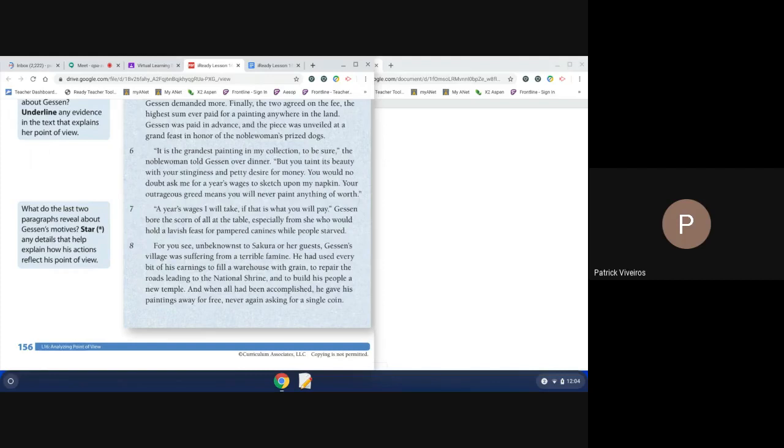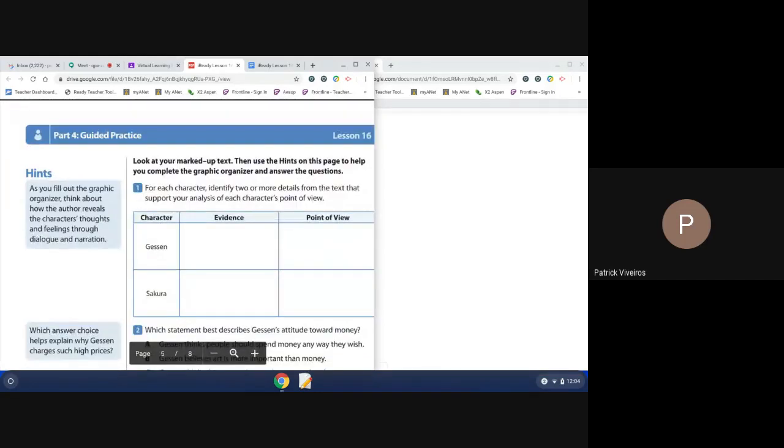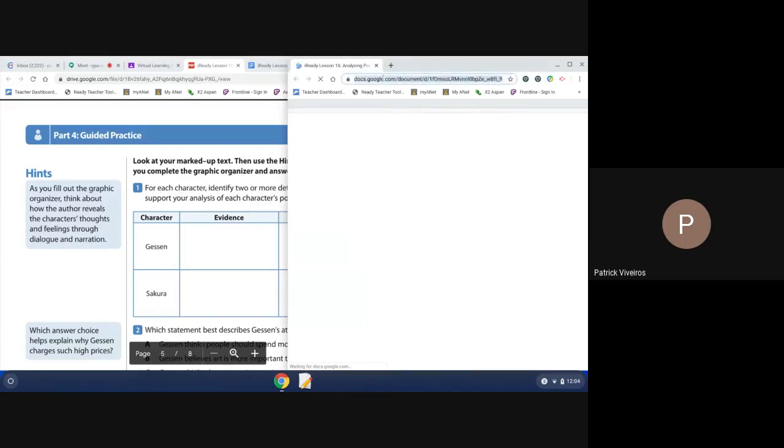As it states here, he had used every bit of his earnings to fill a warehouse with grain, to repair the roads leading to the national shrine, and to build his people a new temple. So again, he needs this money in order to rebuild his community. But Sakura does not know that. She thinks right away, oh, he's being greedy.